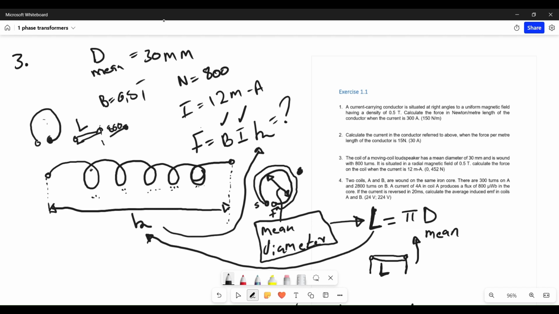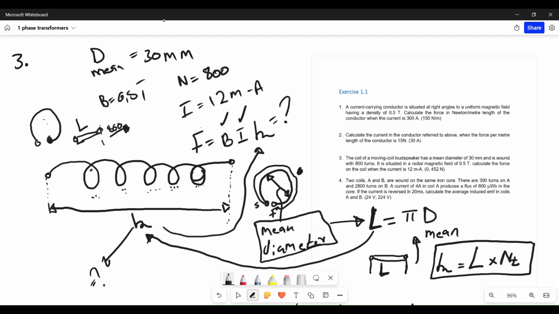So it's going to give us the total length, which is the length of the coil. So the length of the coil is equal to the L times number of turns, which is 800. These are the two equations we're going to use. So we want the length in one turn repeated 800 times to give us the total length. This is what's going on with this question.